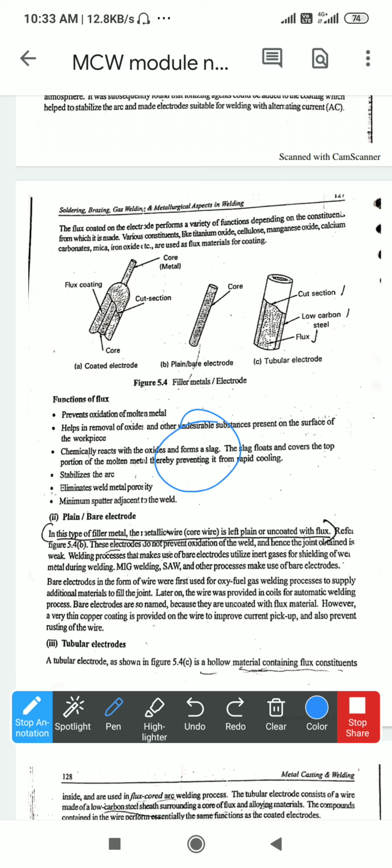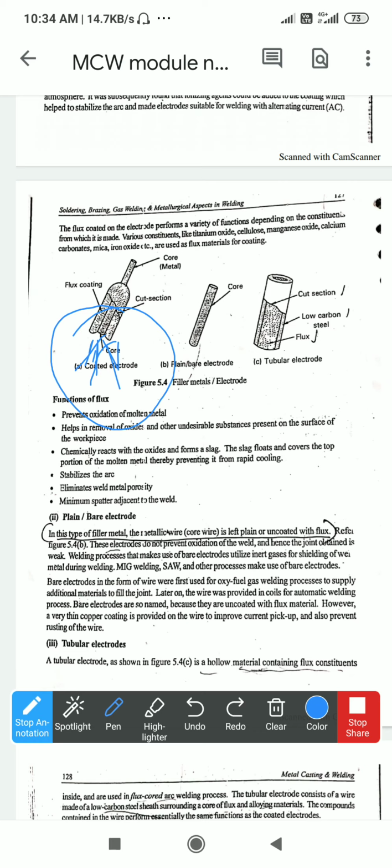Then next is to stabilize the arc. Stabilize the arc means what? It gives a shelter. Here the arc comes out from the electrode, the spark. Because of this flux, the arc is covered or sheltered within a small smoke or gas shelter.